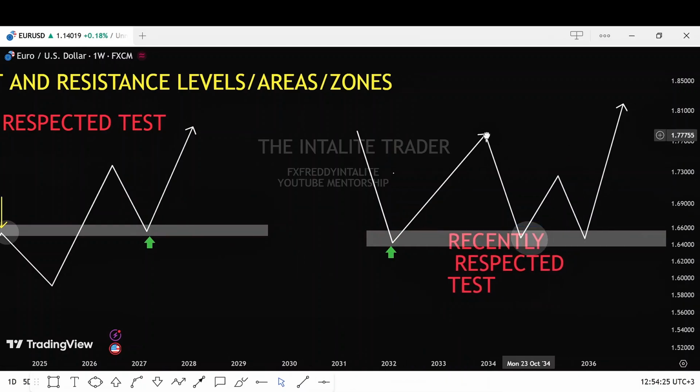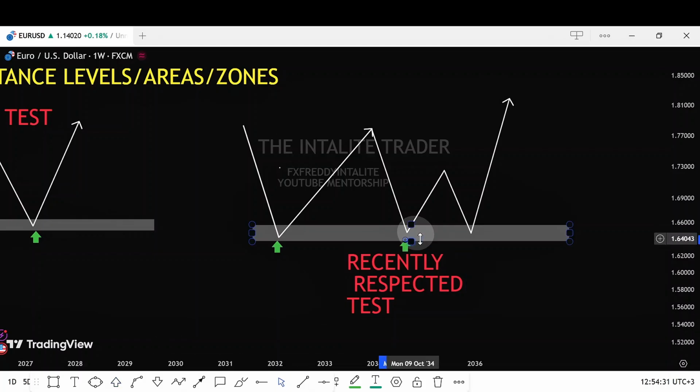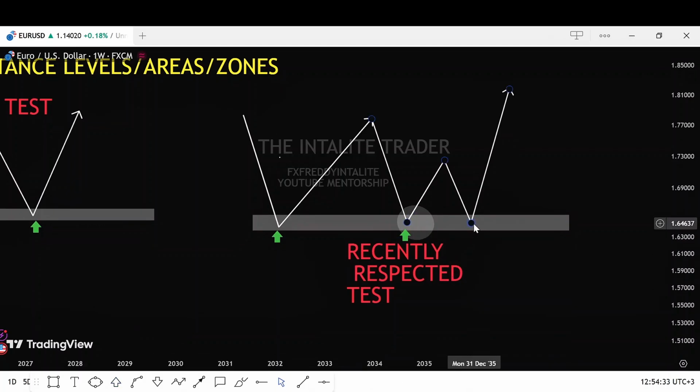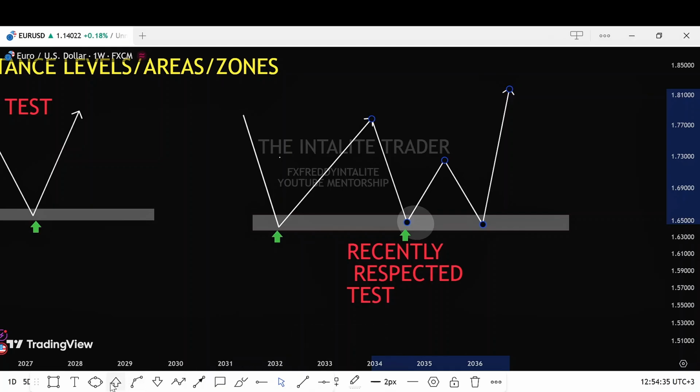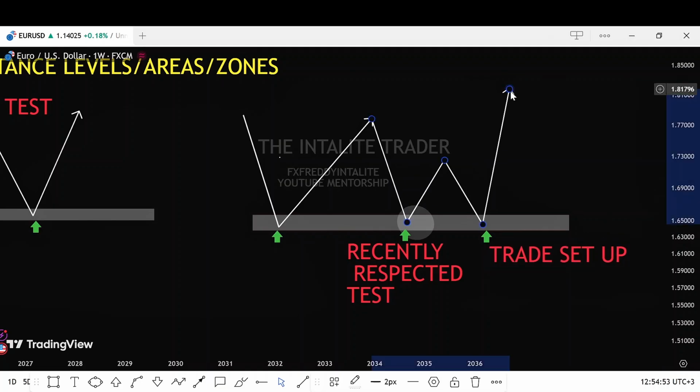This is our recently respected test here at this point. And then our trade setup is here. This is where we look for a trade setup. Trade setup here. This one. And then you trade.